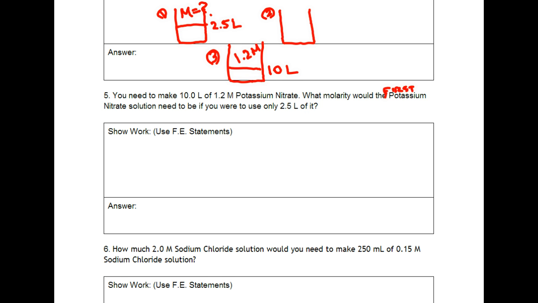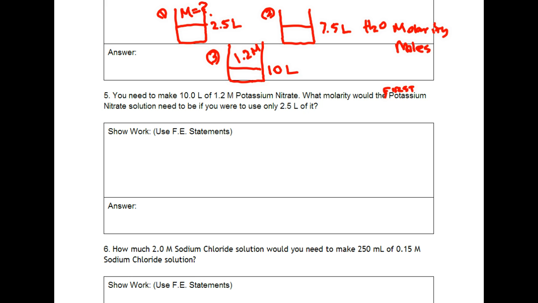Now, if we have 2.5 liters of that first solution and we're getting to 10 liters, we can pretty much figure out what we used for the water. So it should be 7.5 liters of that. So we use that much water, and you have to remember that water does not contribute anything in terms of molarity, and it does not contribute anything in terms of moles.